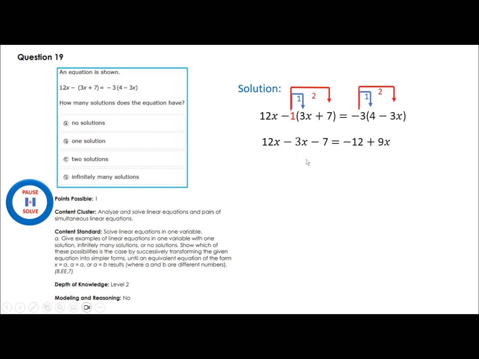Then you get negative times positive is negative, -3 times 4 equals -12, negative times negative is positive 9x. Combine like terms. So you have 9x here and 9x here. -7 is equal to -12, which is impossible. So we have to choose no solution.